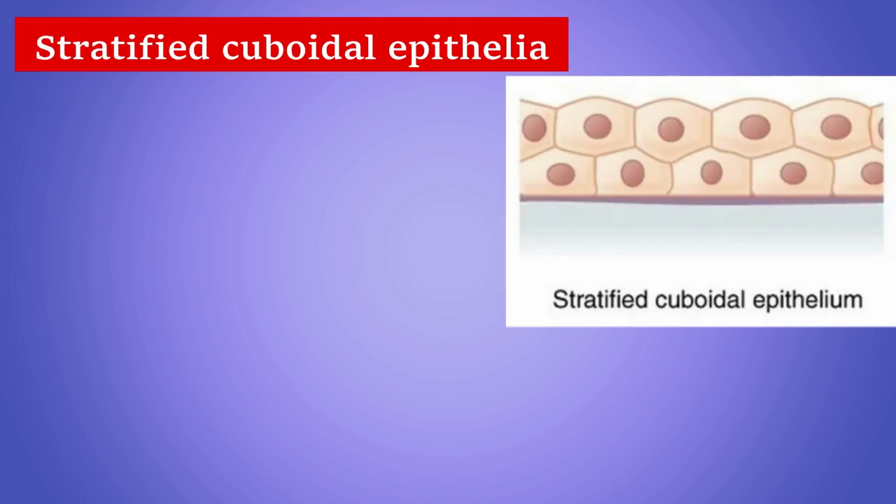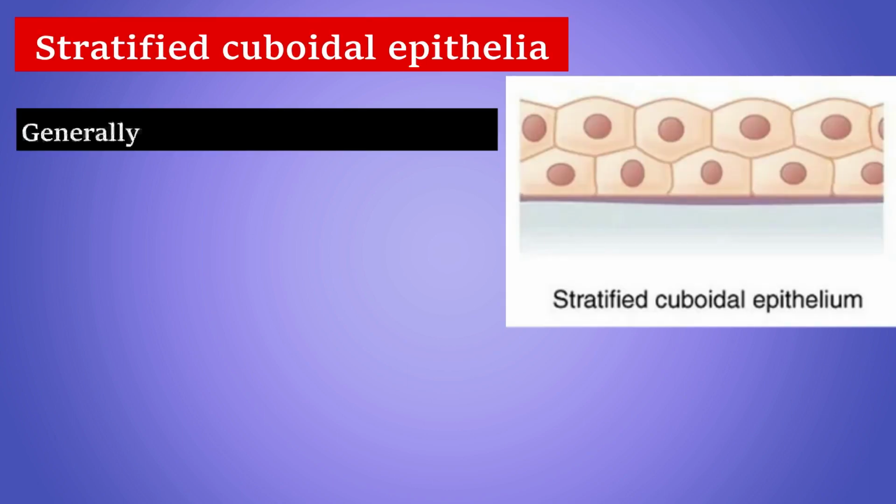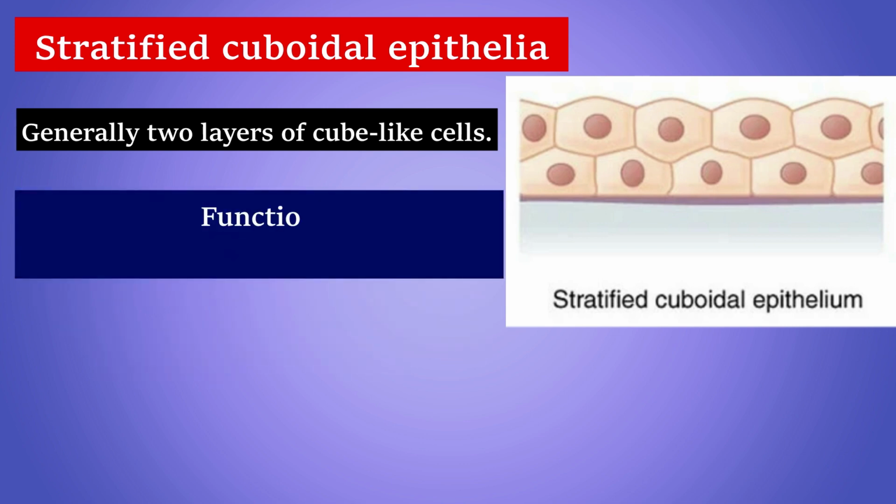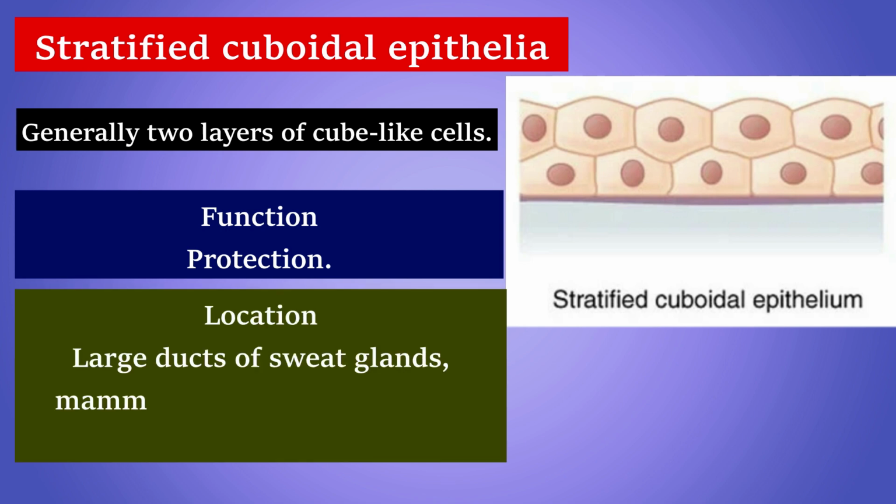Stratified cuboidal epithelia. Generally 2 layers of cube-like cells. Function: protection. Location: large ducts of sweat glands, mammary glands, and salivary glands.